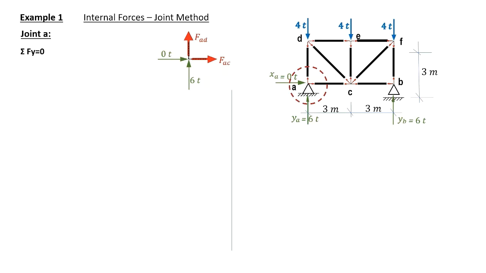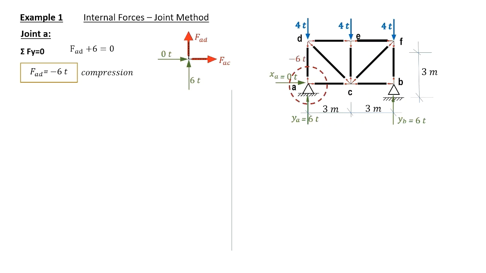In our example at A, we have sigma forces in the y direction equals 0. In the y direction, we have FAD internal force shown in red and the 6-ton reaction shown in green. This gives FAD equals minus 6 tons, which means it is a compression member, as we assumed the tension force to be a wrong assumption.